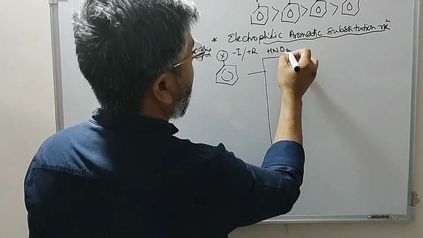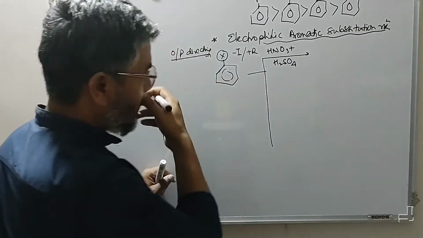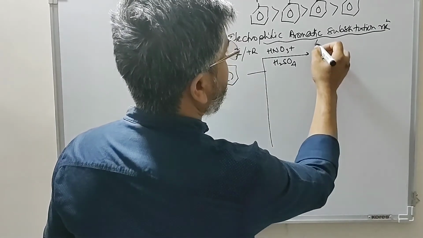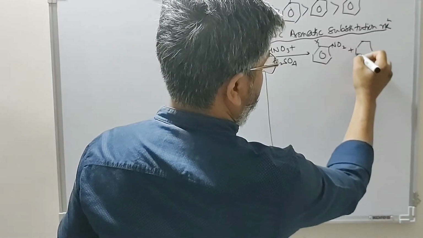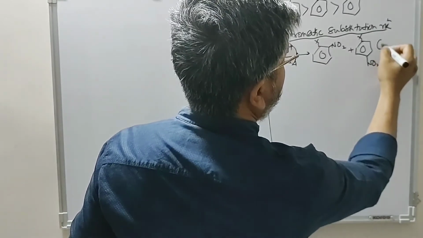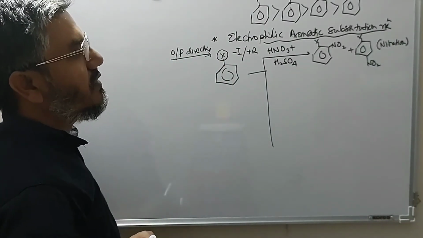Reaction with nitric acid plus sulfuric acid, the reaction is known as nitration. We have nitro substituted benzene, that is nitration. So the nitro group is introduced at ortho and para.